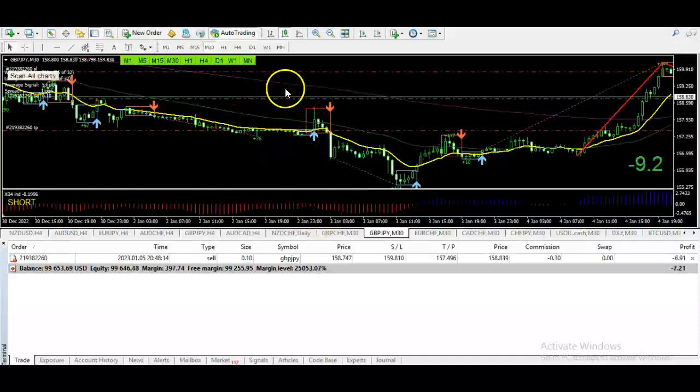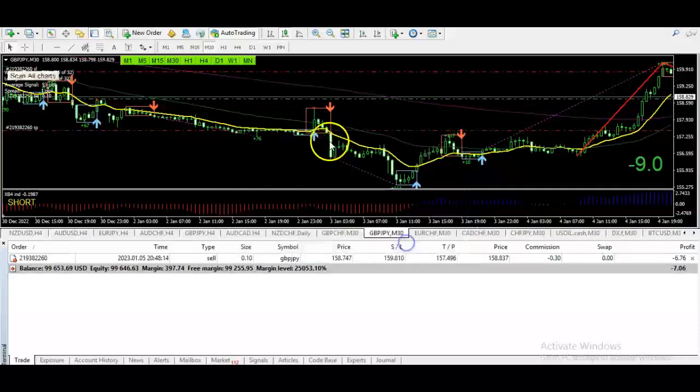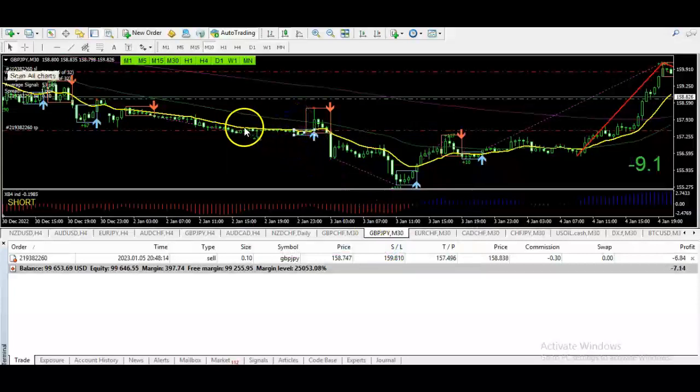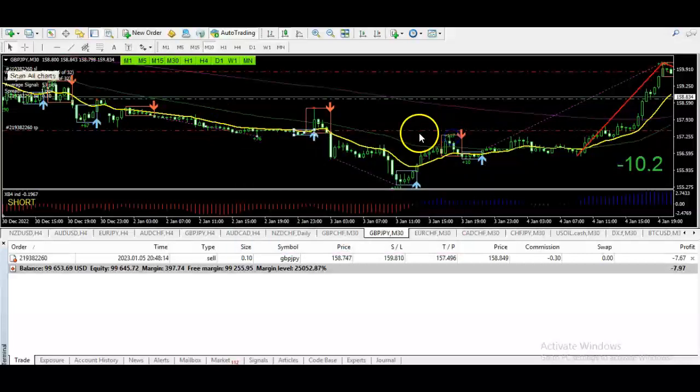I have the 200 exponential EMA, the 50 EMA, and the third, the 13 EMA.